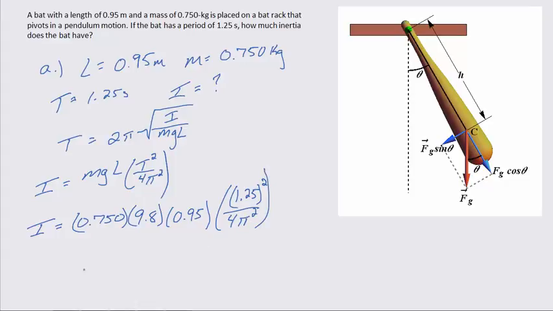And when we calculate this out, we see that the inertia of our bat will end up having an inertia of 0.276 kilograms times meters squared.